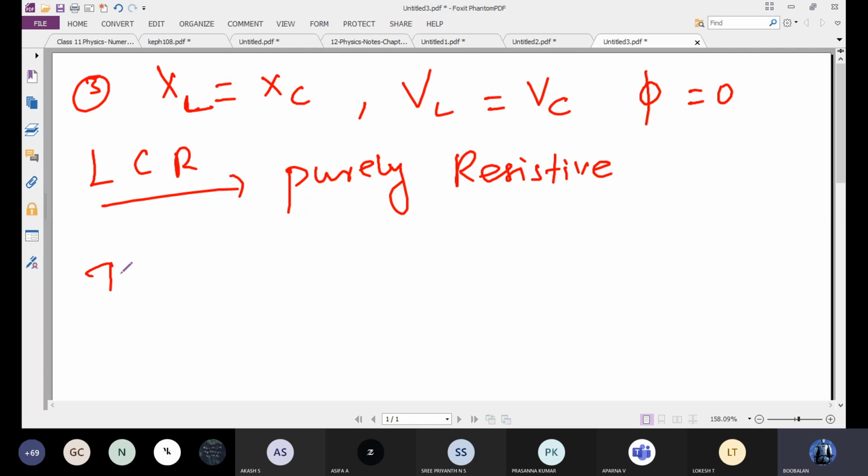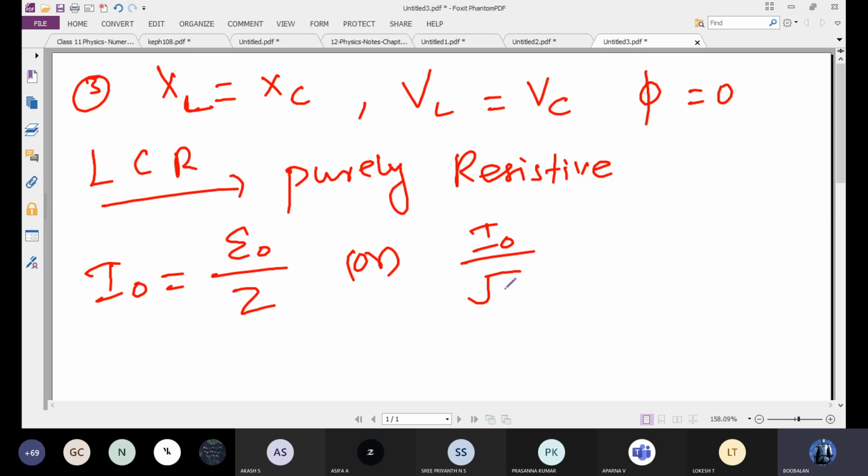So the formula: I naught is equal to E naught divided by Z. Otherwise, I naught divided by root 2 is equal to E naught divided by root 2 Z. This is Z, this is root 2.